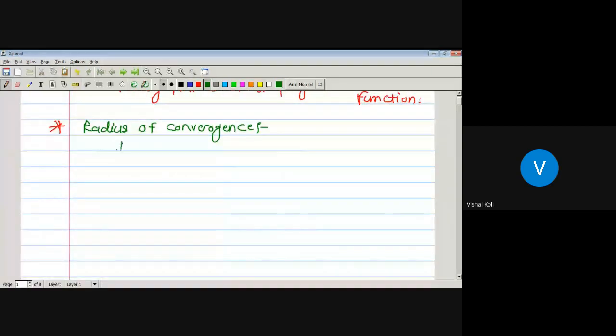First, 1 by r is equal to limit n tending to infinity of modulus of a n to the power 1 by n. First we find this limit, which is 1 by r, and then we take the reciprocal of that value to get our required radius of convergence. The second one is 1 by r is equal to limit n tending to infinity of modulus of a n plus 1 divided by a n.